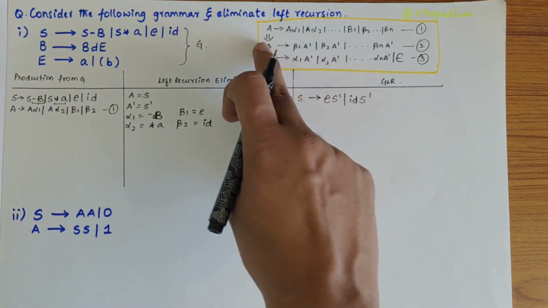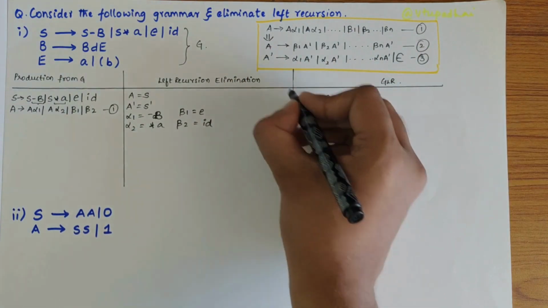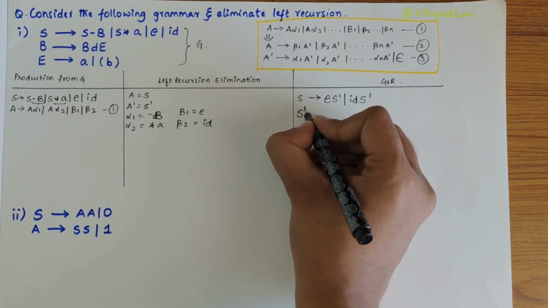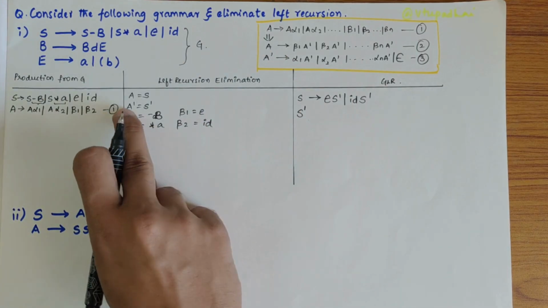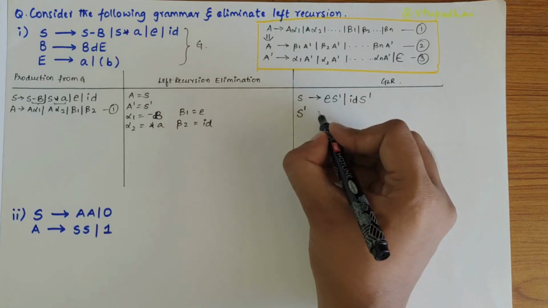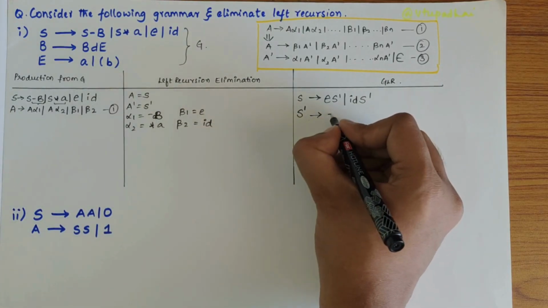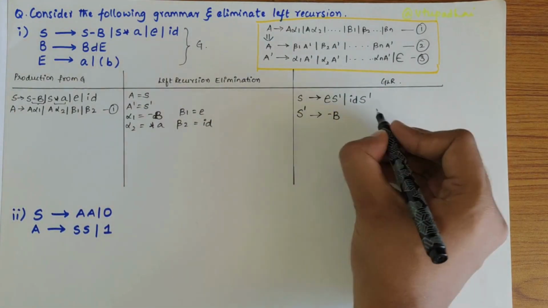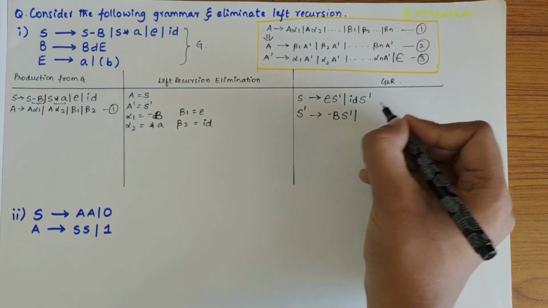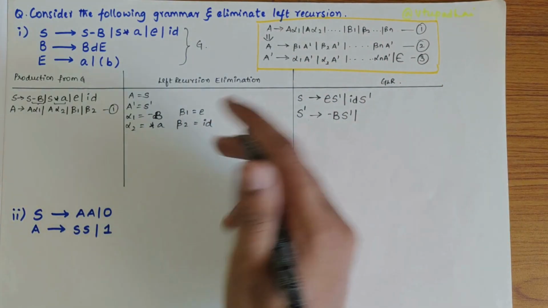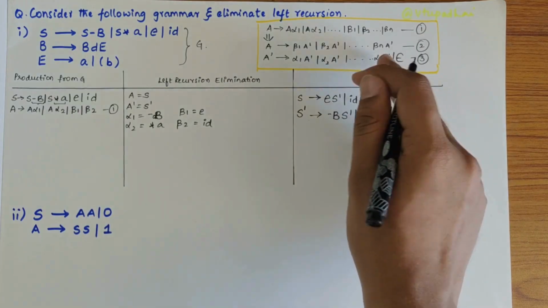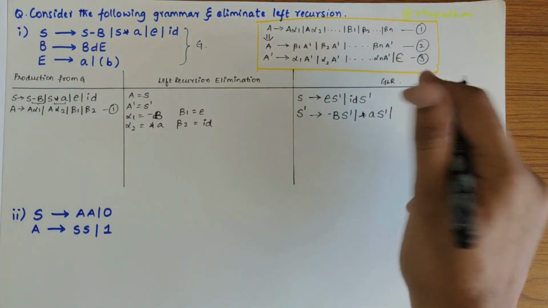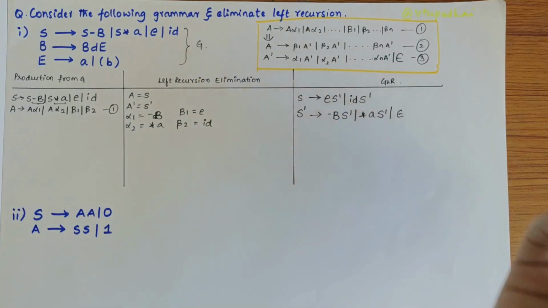So here we have written the second equation form. Now the third equation form: A dash derives alpha 1 A dash. S dash derives alpha 1 is minus B, then A dash is again S dash, then alpha 2 A dash, alpha 2 is star A, S dash. Is there alpha 3? No, there's no alpha 3. Finally, conclude it with epsilon.